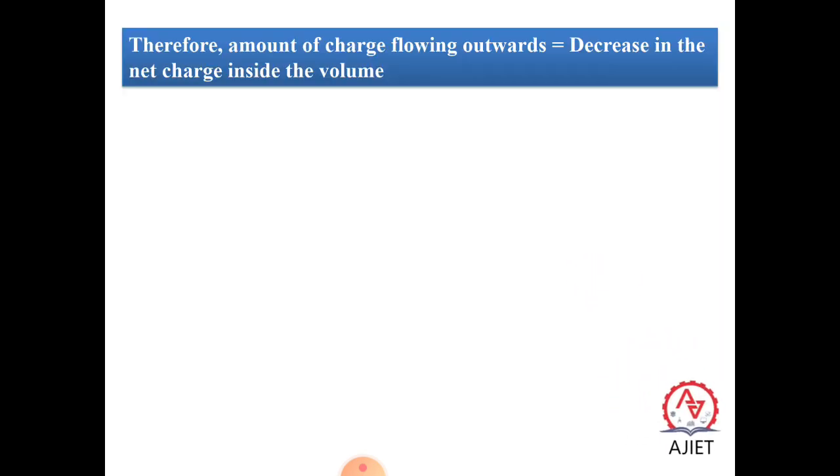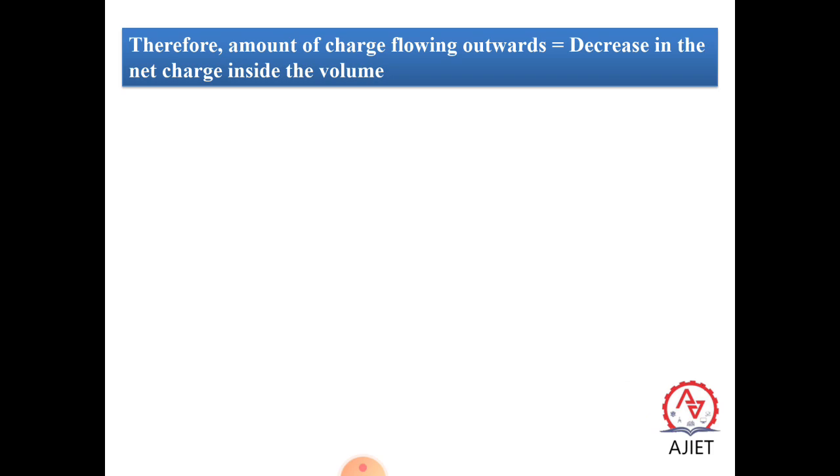Therefore, the amount of charge flowing outward is equal to the decrease in the charge inside the volume. As more and more charges come out of the surface, the number of charges inside the volume decreases.